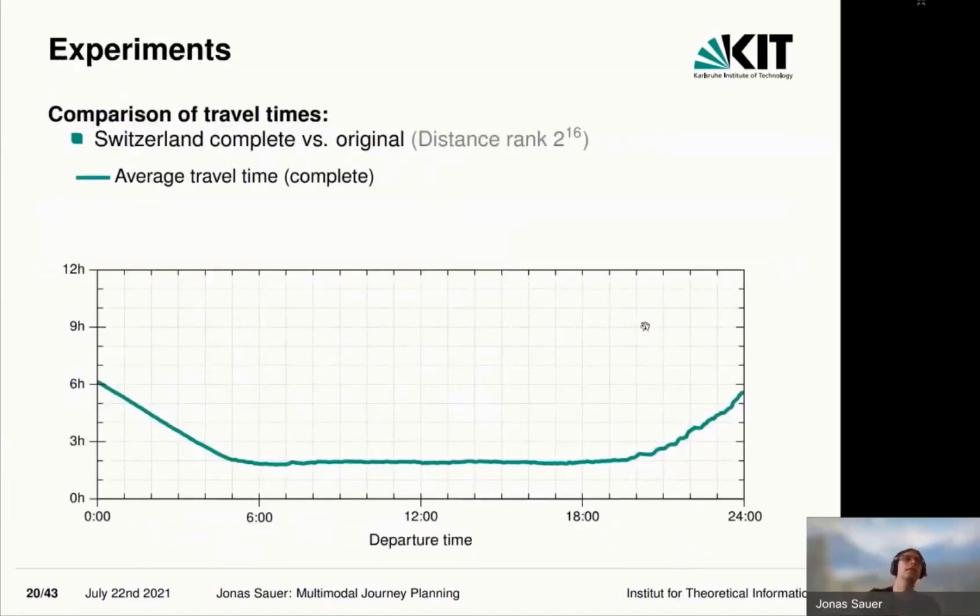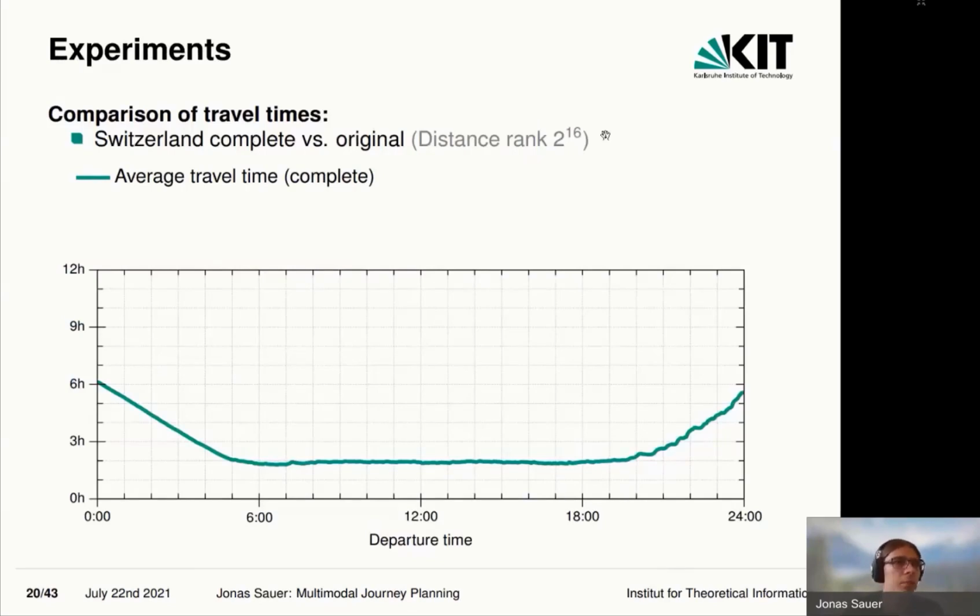All right, so let's compare some travel times. We took randomly chosen queries on the Switzerland network, once with the complete footpaths and once with the original footpaths. And we did that for a distance rank of 2 to the power of 16. I'm not sure if you know what a distance rank is.